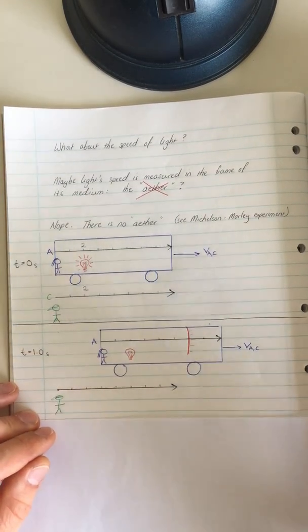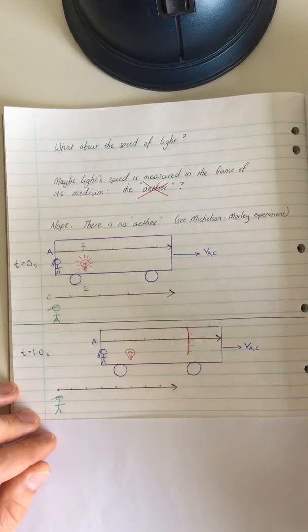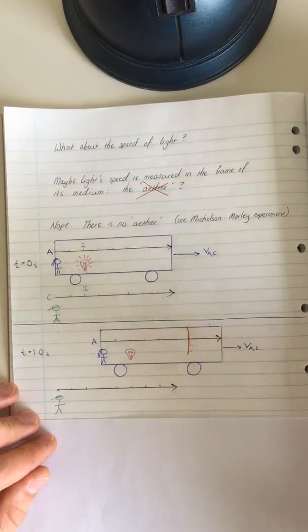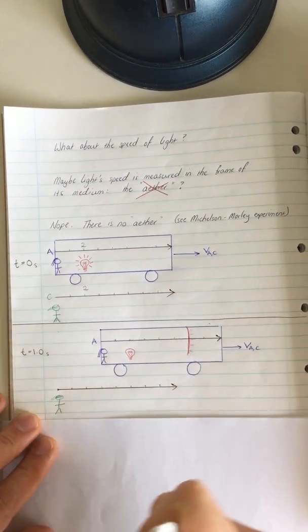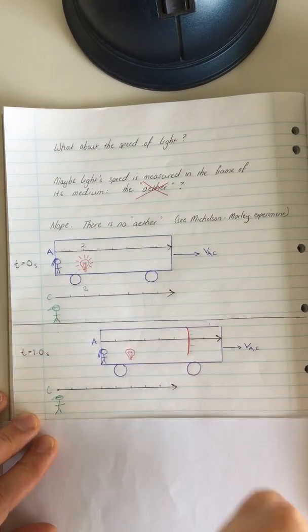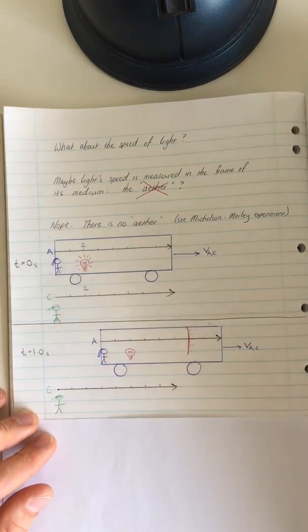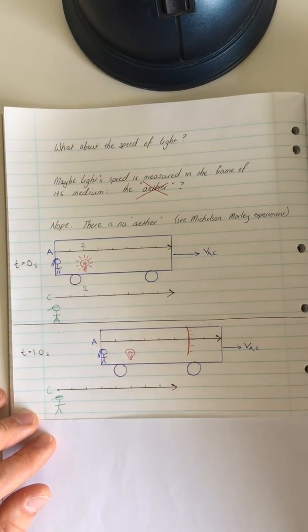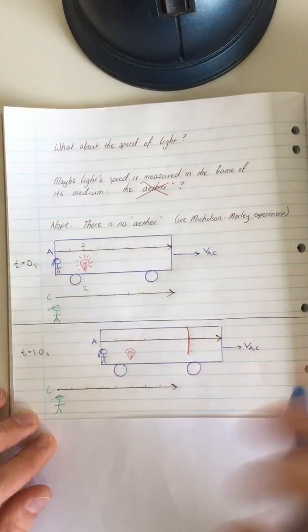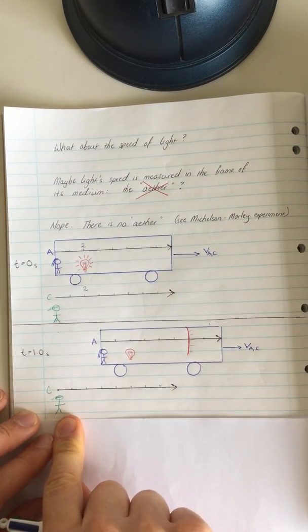And where it gets really tricky is that at the same time, because they have to measure the speed of light to be the same, person C will agree that it's moved 4 positions to the right. But that's 4 positions to the right from his point of view.